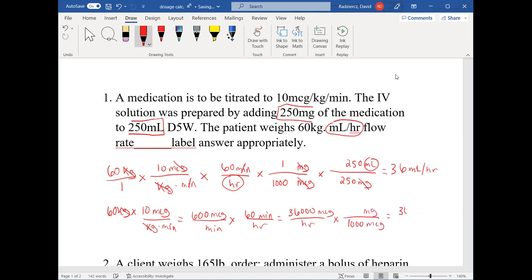And now I'm in 36 milligrams per hour. And then I would just multiply by that factor, the 250 mil per 250 milligram. So you'll see if you go through some of my old reviews, this is going to equal the same thing, the 36 milliliters per hour.